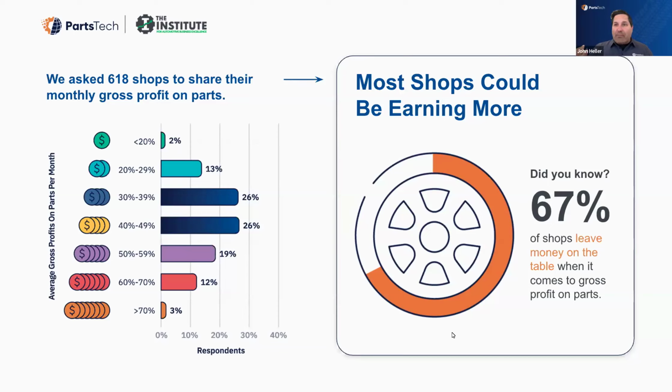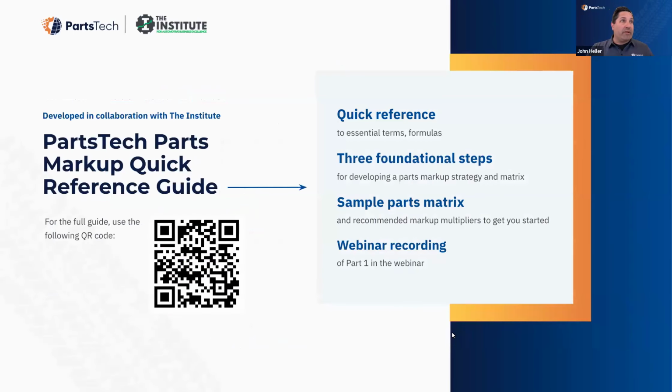That put a bug in our minds to say, this is something we should dive into a little bit more, bring in some experts within the industry so we could facilitate a conversation, helping shops better understand parts markup and be on the way to better profitability.